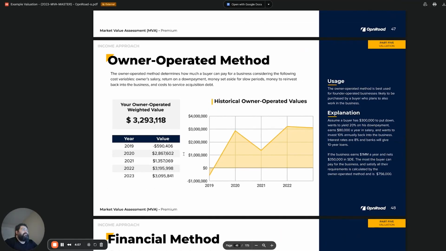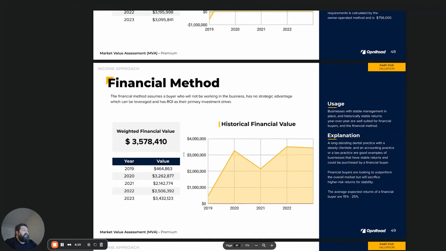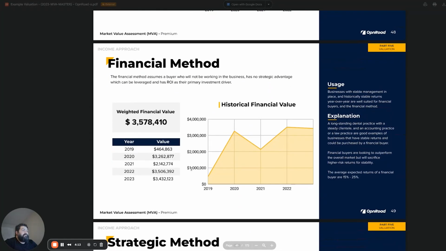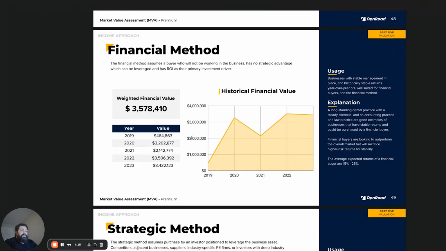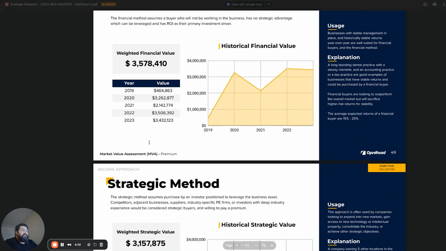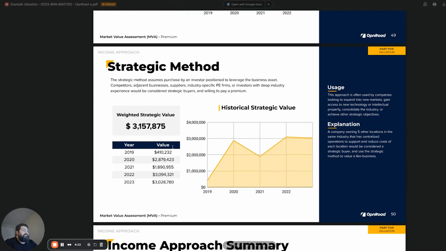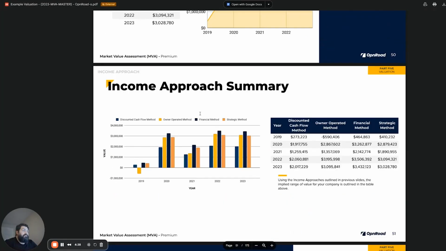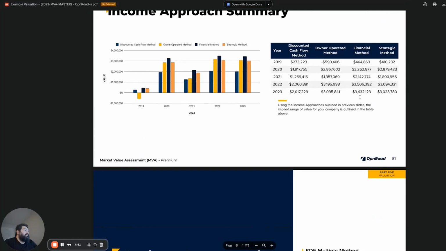Financial method is basically simple ROI: here are the expected returns, here's how much cash, here's how much it's worth. Strategic method is the premium somebody's willing to pay for acquiring this as a business unit to add on to their larger business. What's that worth? So you've got your income approach summaries, and here are all the values.